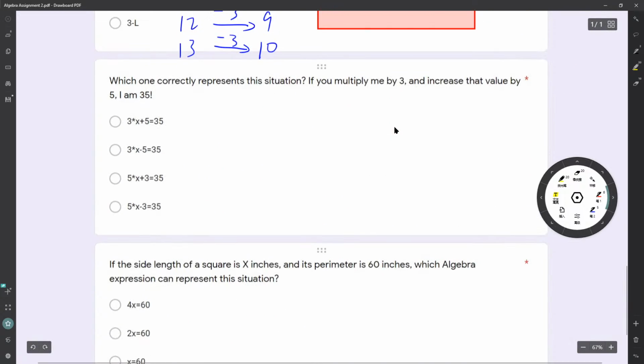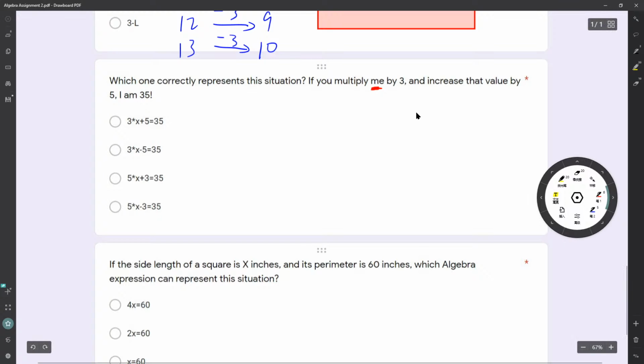Let's go on. Which one correctly represents this situation? If you multiply me by 3 and increase that value by 5, I am 35. Okay, this is a funny riddle. Probably you can play it with your friends.